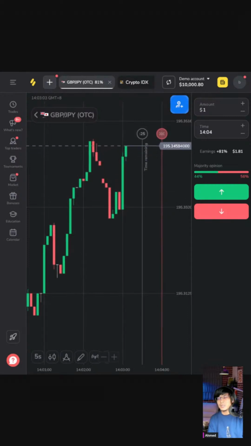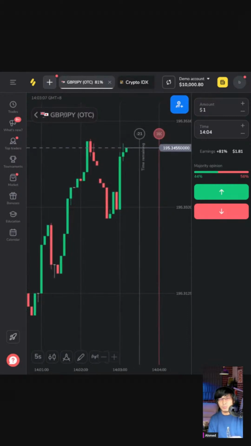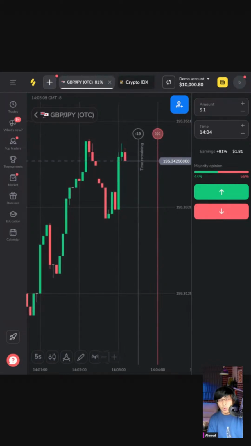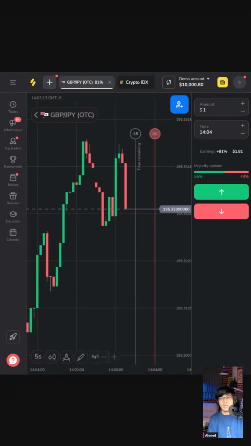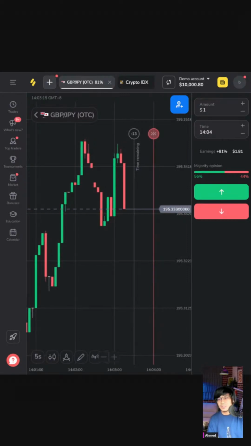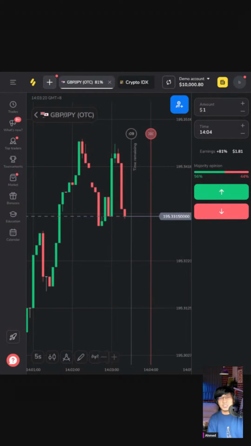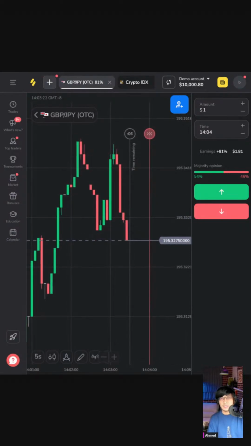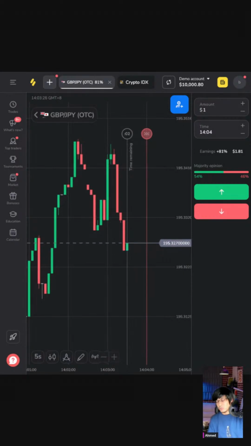So basically, the word scaling means you are simply putting on more trades. It could also mean that when you put on more trades, the trade size becomes bigger and larger. The reason for that is very straightforward. You want to make additional profit using the same analysis. I can tell you what scaling is.